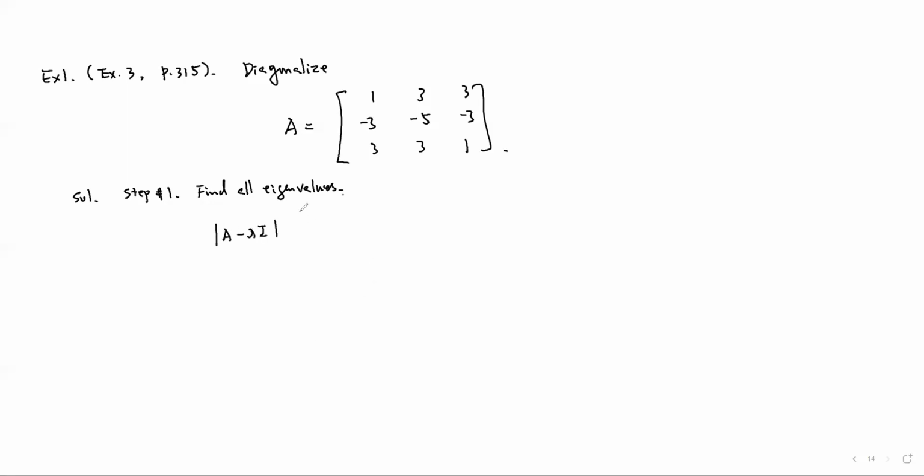Expand it, then we get negative lambda cubed minus 3 lambda squared plus 4. The roots of this polynomial are all the eigenvalues. How to find the roots? Factorization.